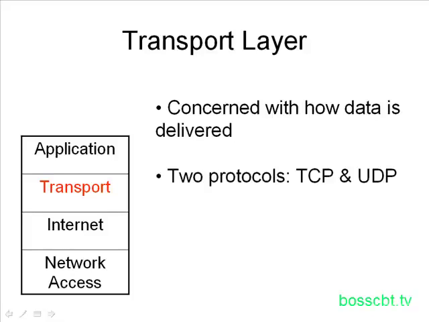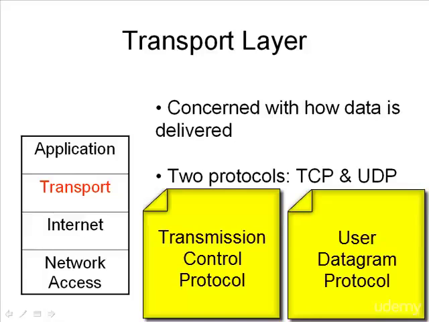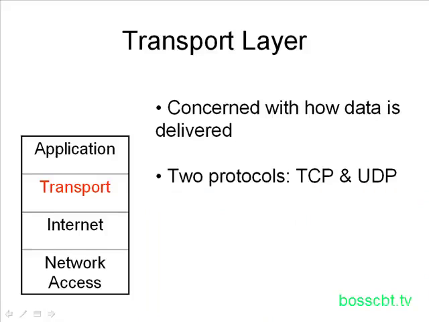Now specifically, there are two protocols associated with the transport layer. There's TCP, which stands for Transmission Control Protocol, and UDP, which stands for User Datagram Protocol. We cover the details of both of these in a separate tutorial, but we'll give you an introduction for now.